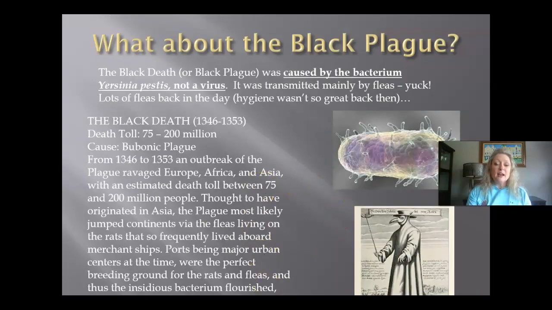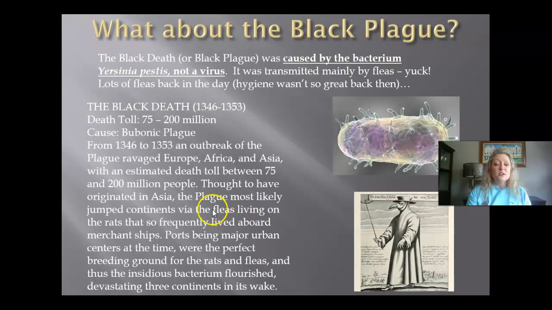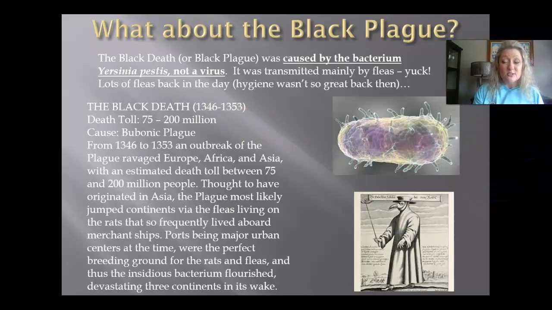So what about the plague? Everybody says, oh my gosh, the Black Plague. It killed 75 to 200 million people. That was a global rocker back then, because look at the time frame, folks: 1346 to 1353. Wow. Okay, so I'm going to draw a little bit more on here. What does this mean? The Black Plague was bacterial in nature.